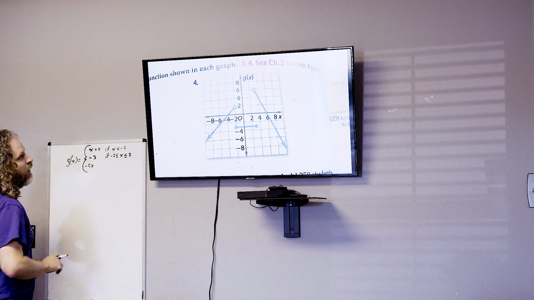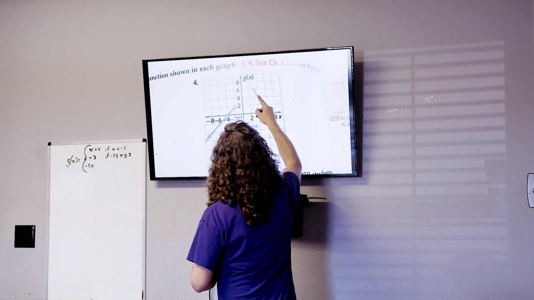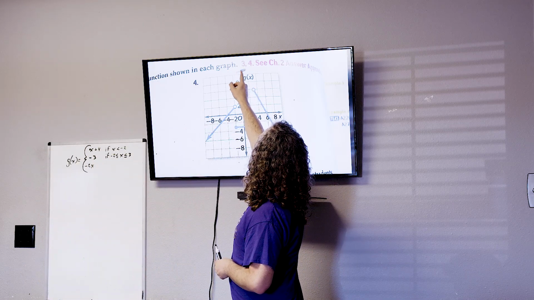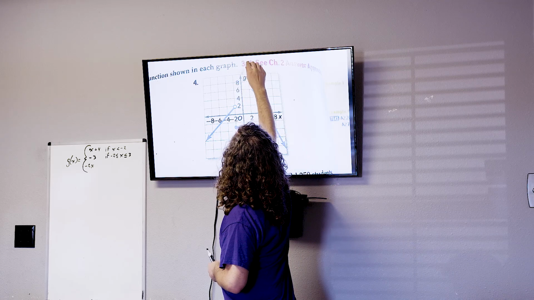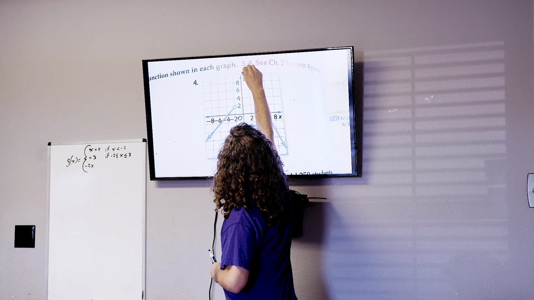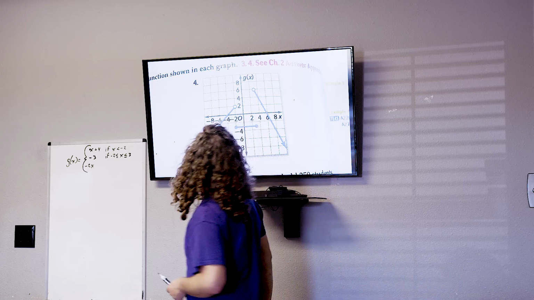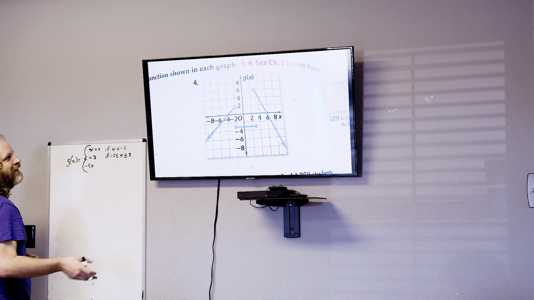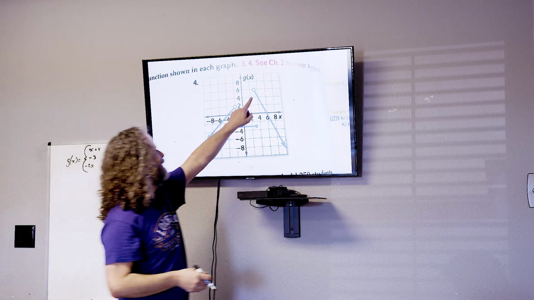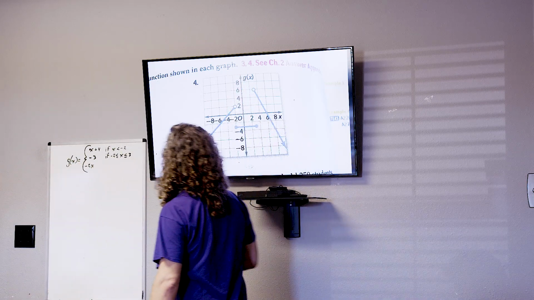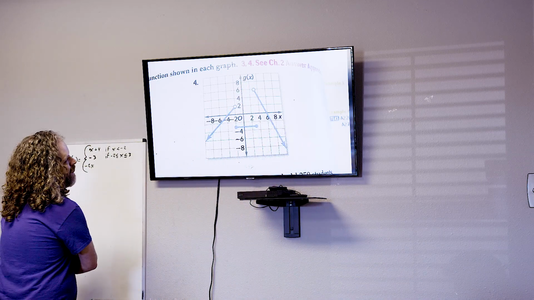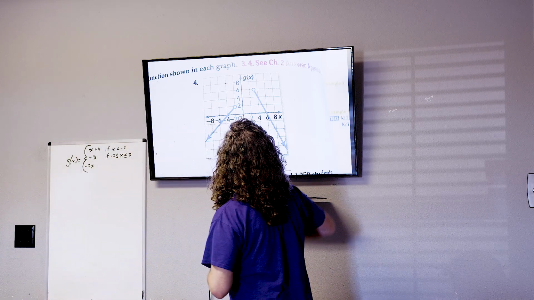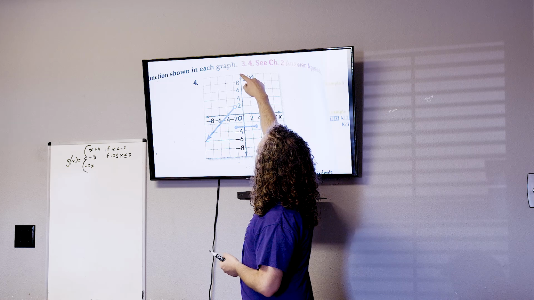So what would its y-intercept be if it kept on going? It's 12. Where'd you get 12? I counted. It goes back 1 and then up 2, and then back 1 and then up 2.